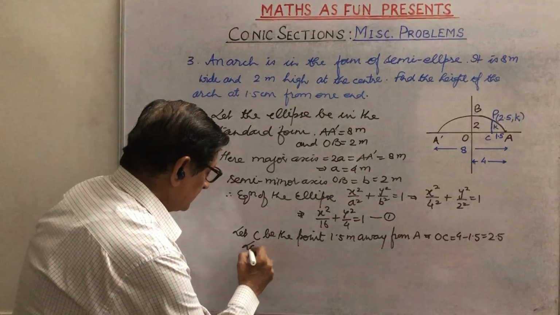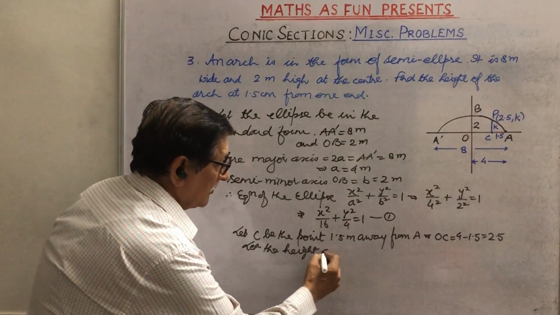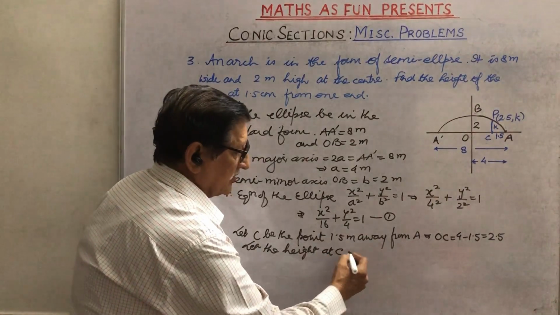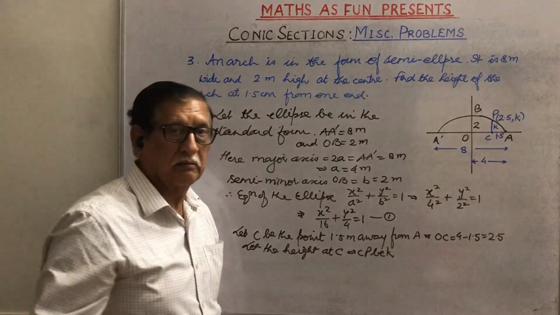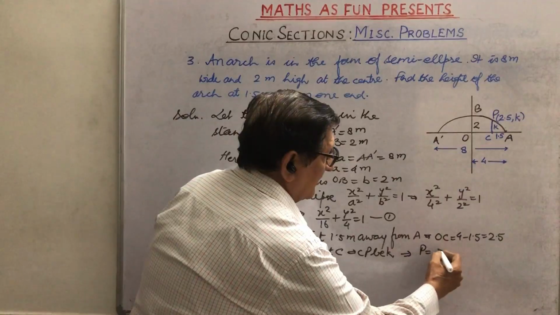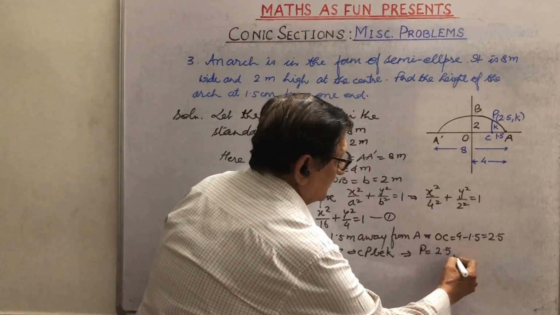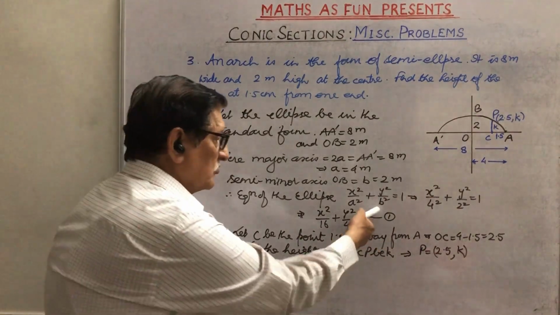Let the height at C, that is suppose CP, be k. If it is k, then can we say that point P will be having the coordinates 2.5 comma k? And this lies on 1.